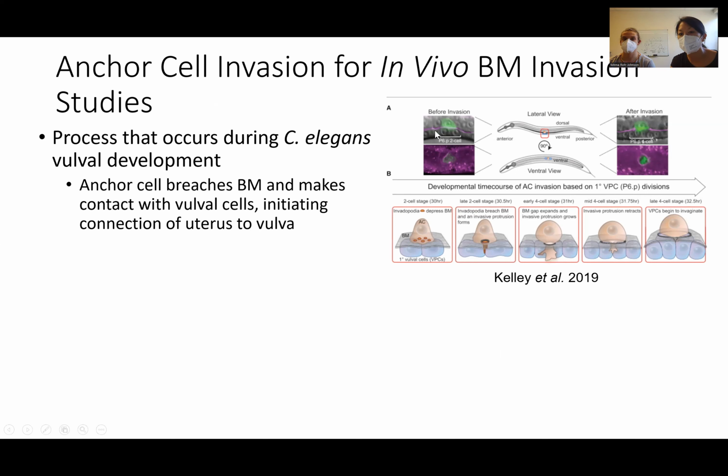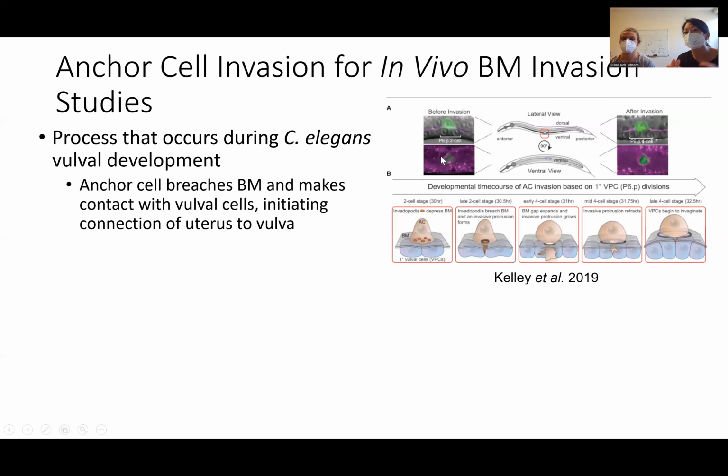So if you look at a side view of anchor cell migration, this pink line denotes a basement membrane. And that basement membrane separates out the anchor cell, which is labeled in green, from these underlying cells that essentially make up the vulva of the animal. So if you now flip this view 90 degrees, and you're looking at the belly of this cell where it's making contact with the membrane, here's what it looks like, which is essentially a sheet of basement membrane in magenta.